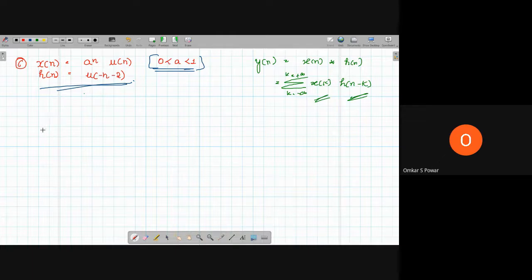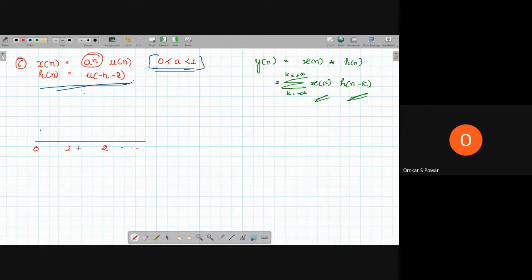So how can you plot this? Let's plot x of k first. So x of k starts from n equal to 0, 1, 2, and so on. So a power of n.